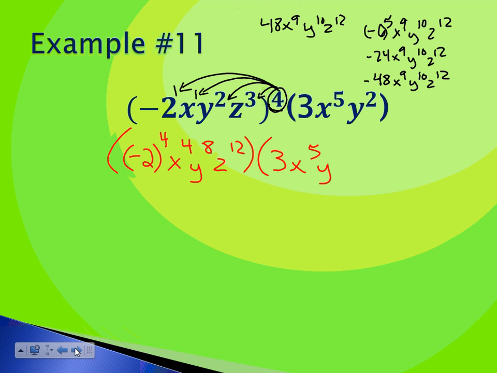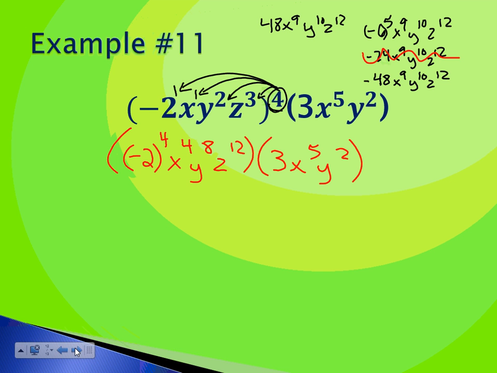Now before I group, is there anything that I can work out? Does everybody agree? Before I keep going, let's go ahead and work this out. If there's something you can work out, let's work it out, okay?